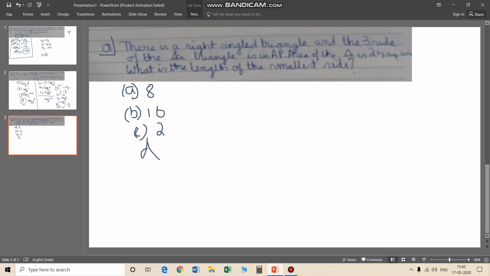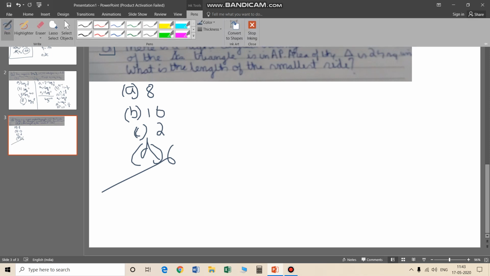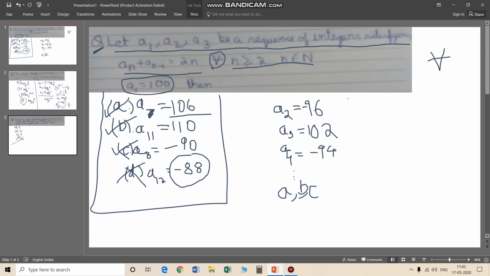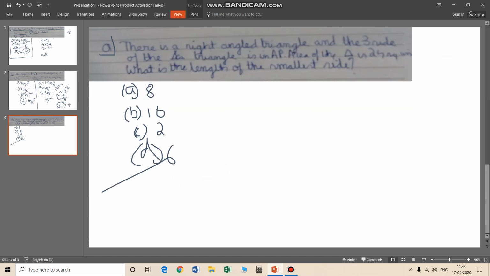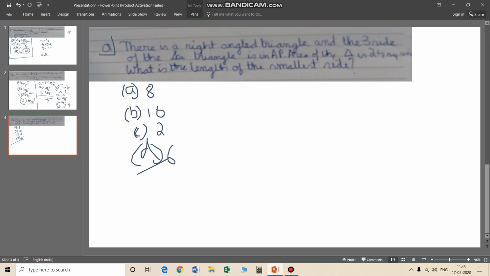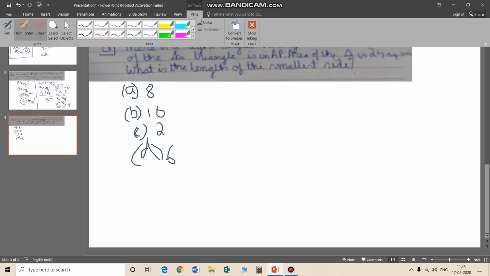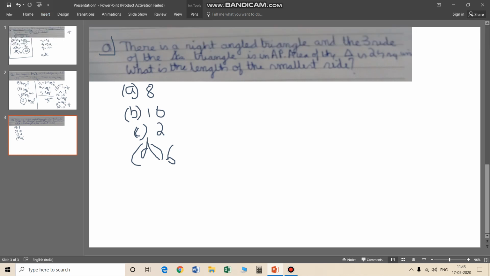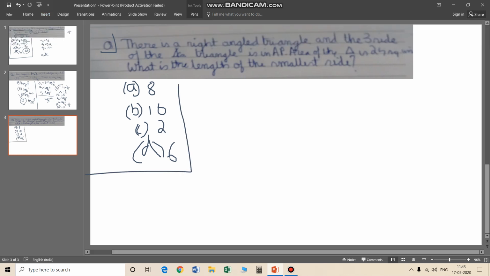Option D, let's give option D as 6. What happened? This went away. Now, options are right in front of you. Now you may try the question.